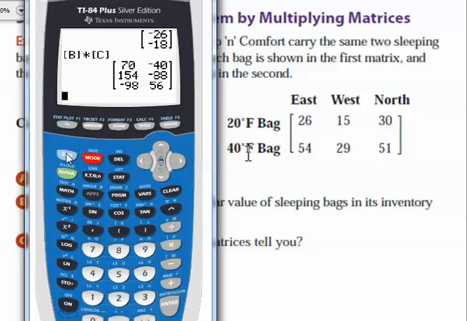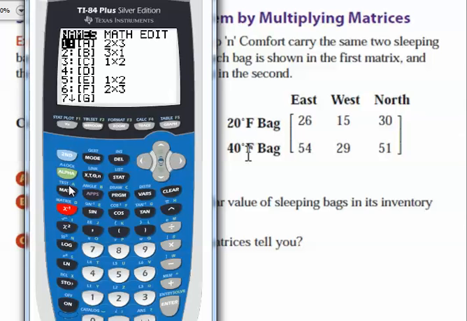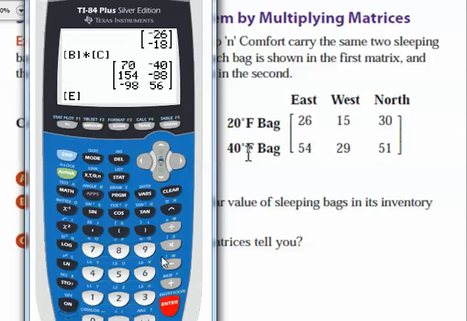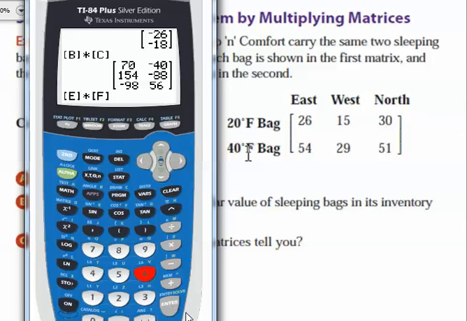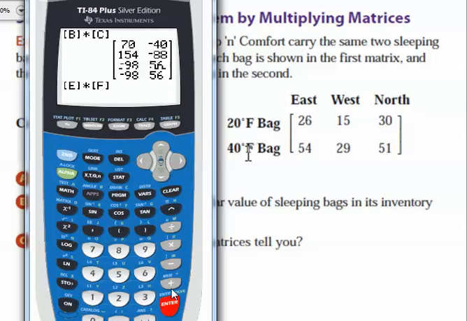Okay, now we're going to multiply those together. So second matrix E times second matrix F, and it's going to give me that number right there. Okay, what are those numbers telling me? Let's see here.